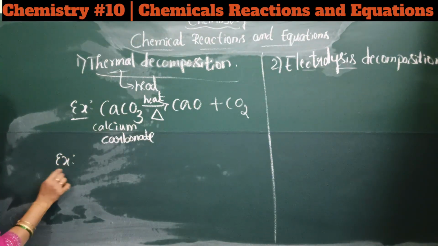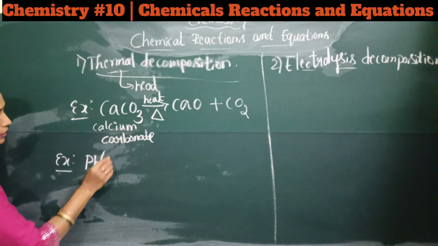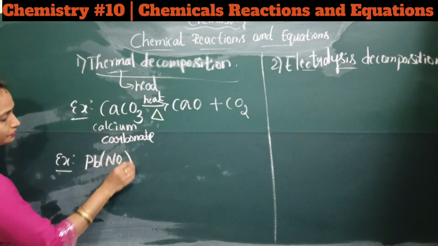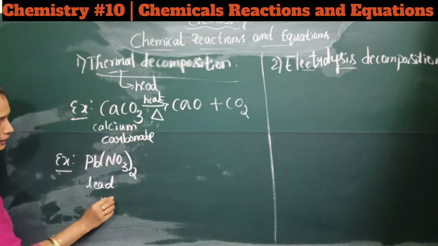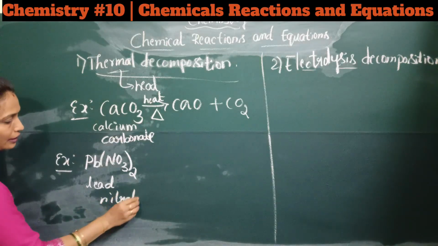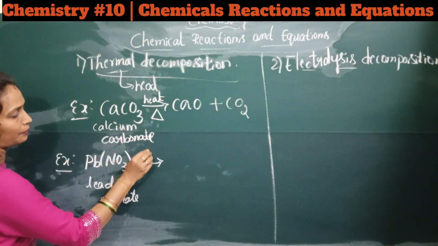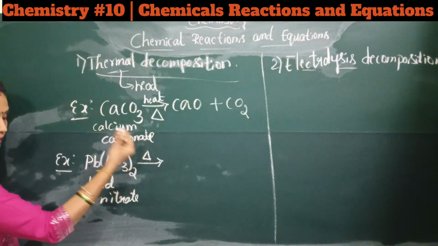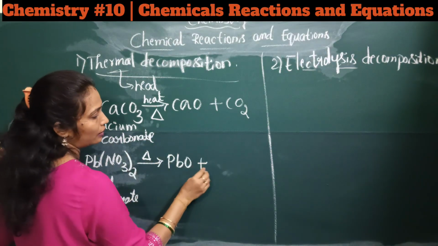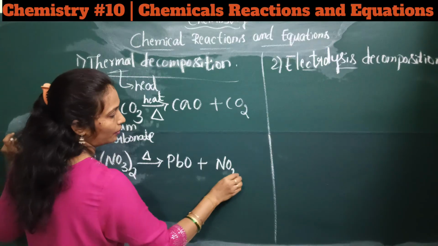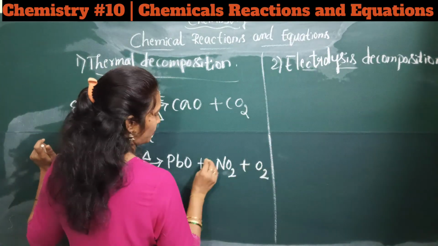Another example, when lead nitrate is heated. This is lead nitrate. When it undergoes decomposition in the presence of heat, the products obtained are lead oxide plus NO2 plus O2.